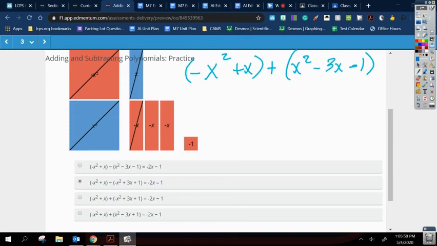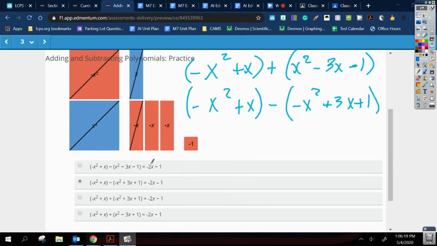We're actually going to almost do a reverse keep, change, where if I had subtracted, that means all of these would have been the opposite sign. So that would be this choice down here. It's not super hard. You just have to be careful with all of your signs, really.